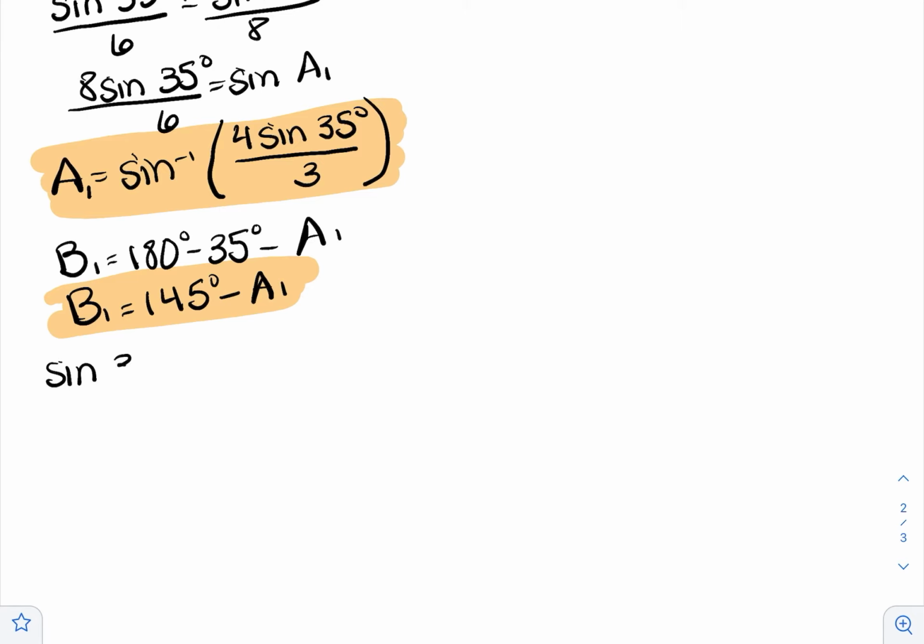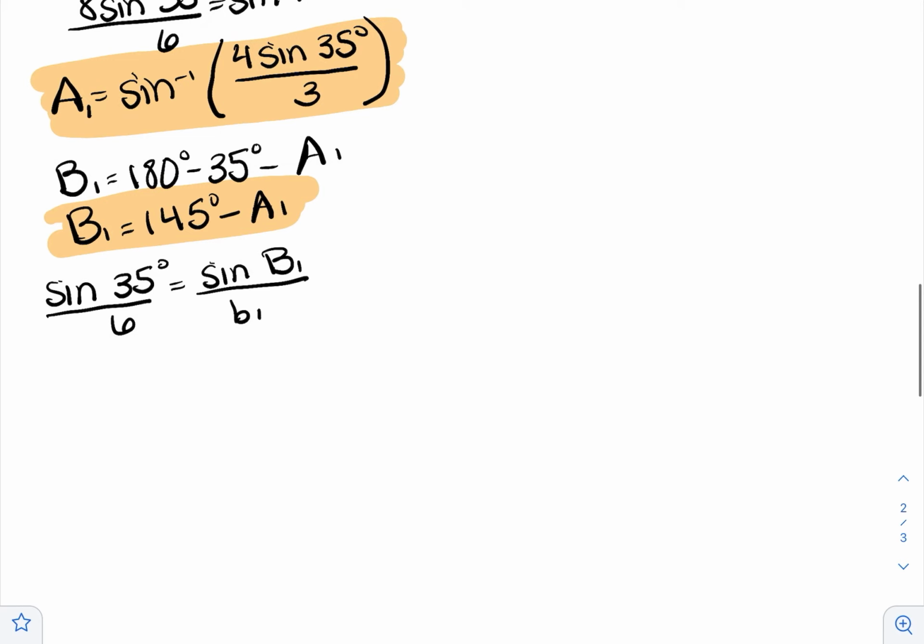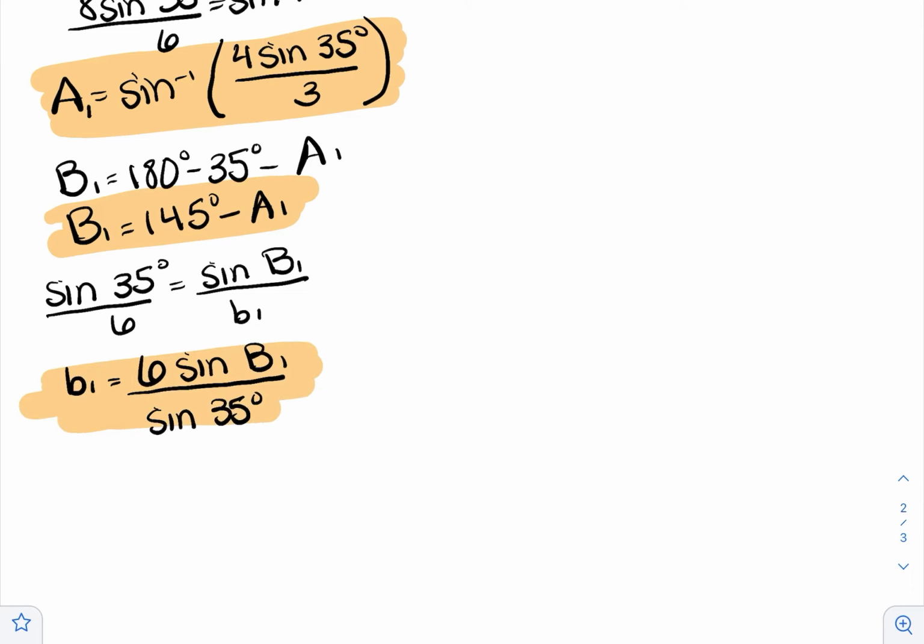So the sine of 35 degrees over 6 is equal to the sine of B1 over little b1. So I'm going to cross multiply and then divide by the sine of 35 degrees. So I get little b1 is equal to 6 sine of B1 over the sine of 35 degrees. Okay, so that's exactly what we did above.